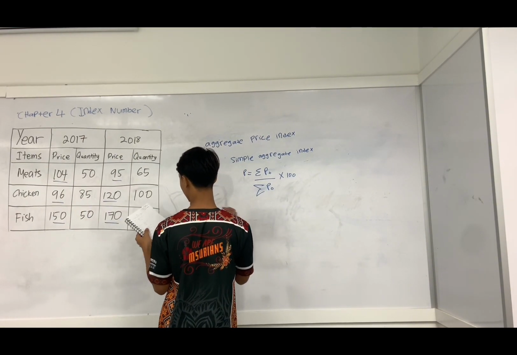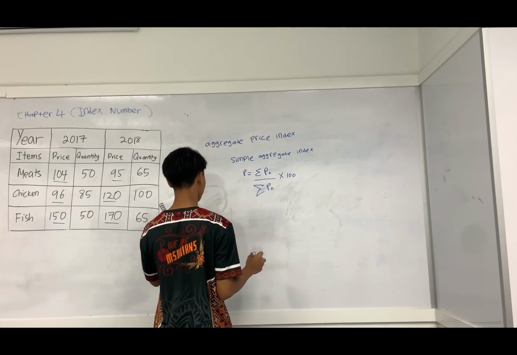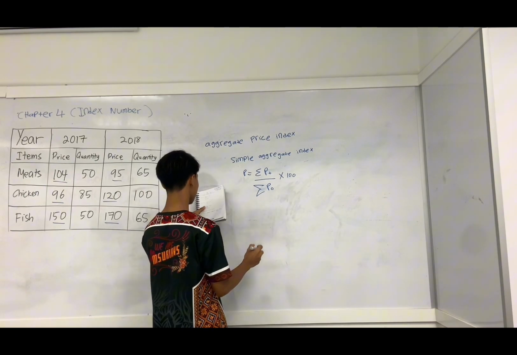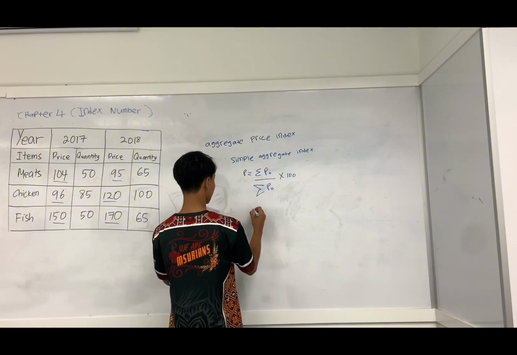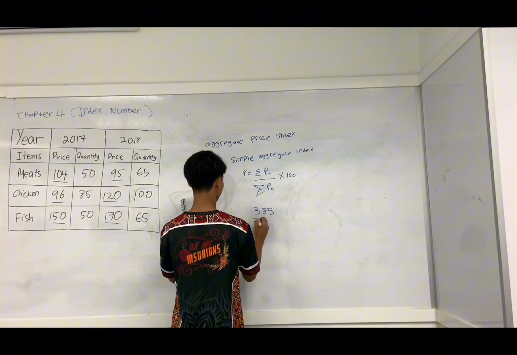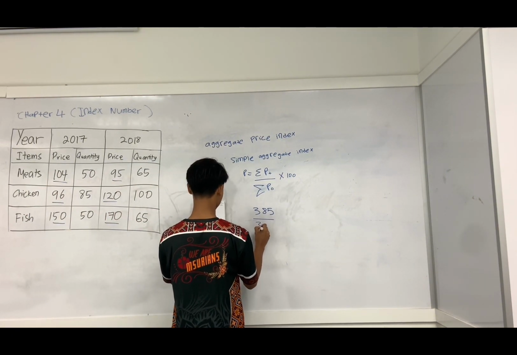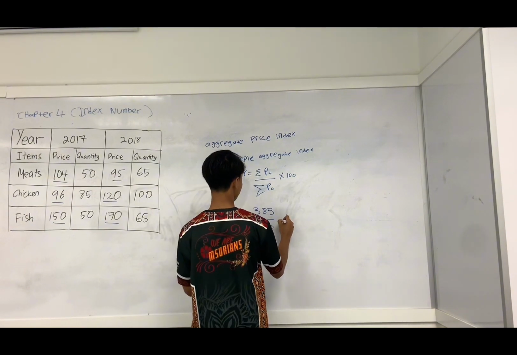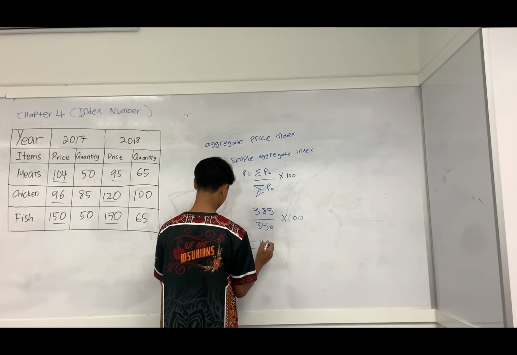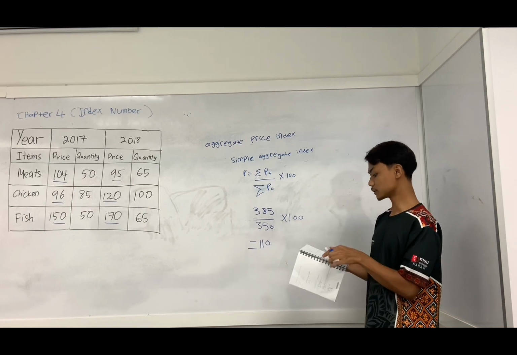So from all these numbers, the answer for 2018, we get 355 over 350 multiplied by 100. So the answer is 110. This is for aggregate price index.